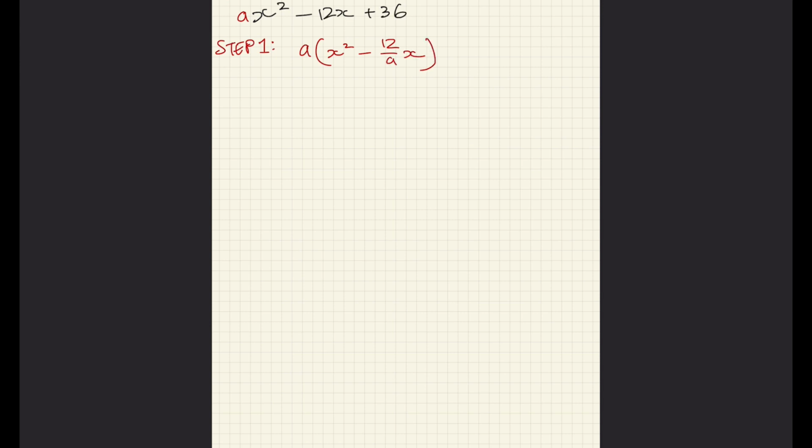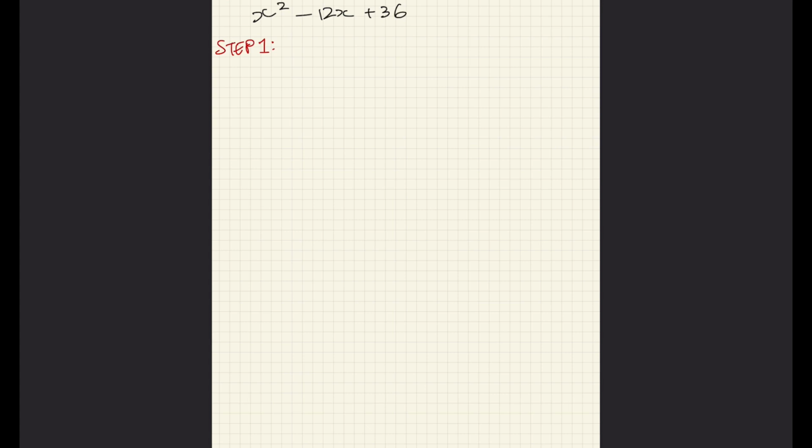Now, looking at what we just learned, that would be a times x, which is that, and a times minus 12 on a, which is just minus 12, which would be that. But in this case, our coefficient of x squared is 1, so we don't need to do anything special there.